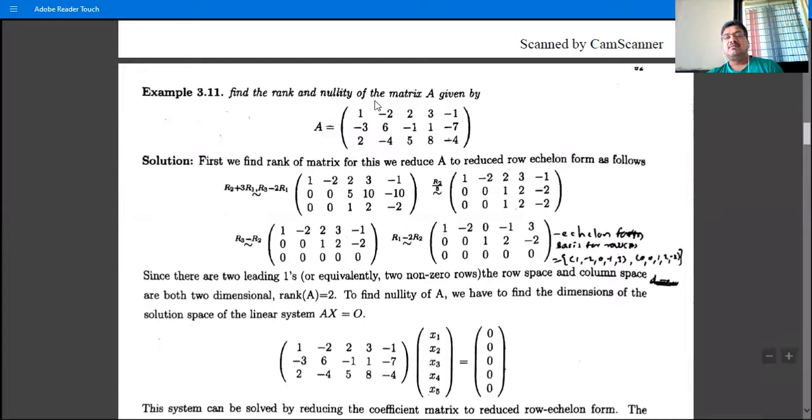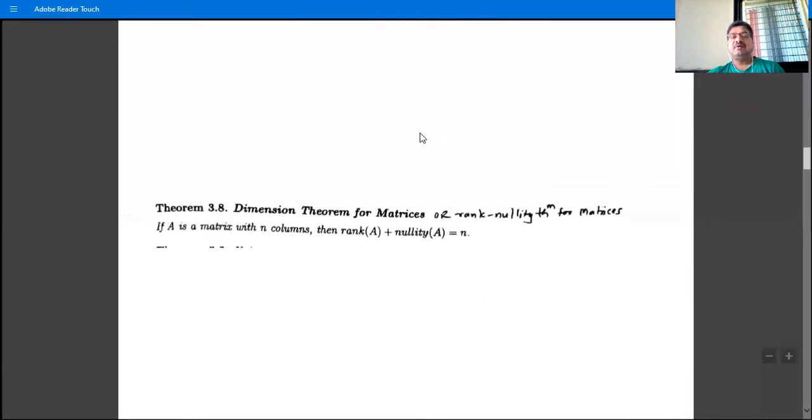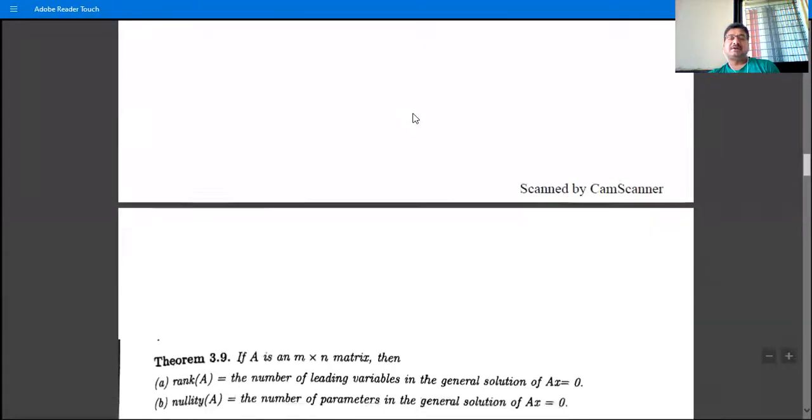This matrix A has rank 2 and nullity 3, and it has 5 columns. So rank of A plus nullity of A is equal to 5, the number of columns. This is the very famous rank nullity theorem, or dimension theorem for matrices.